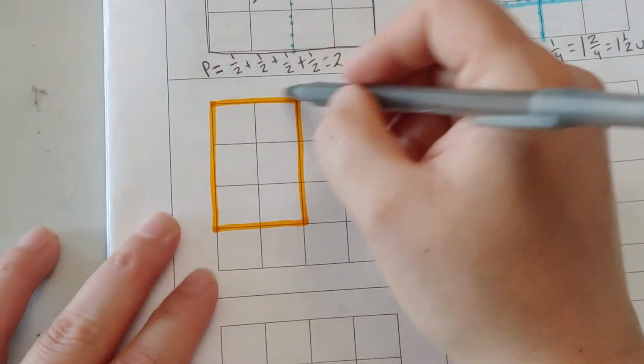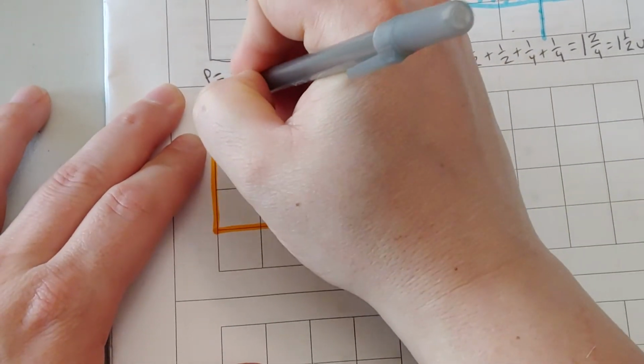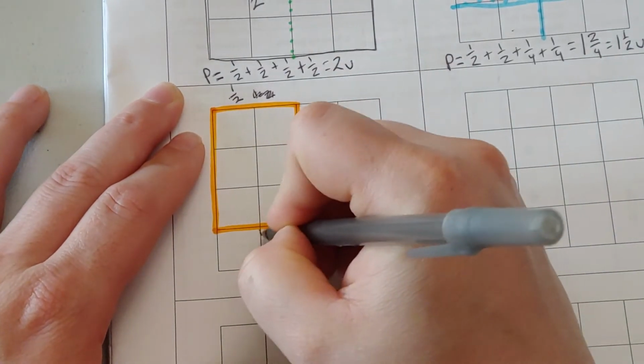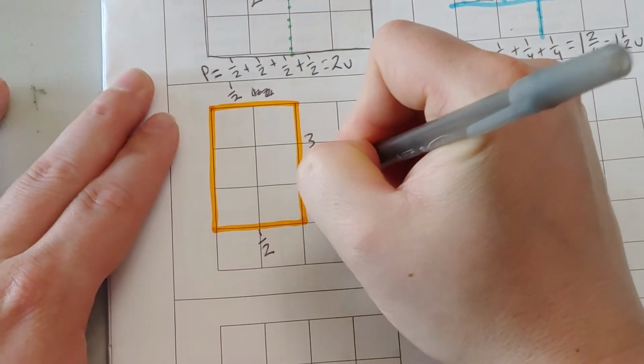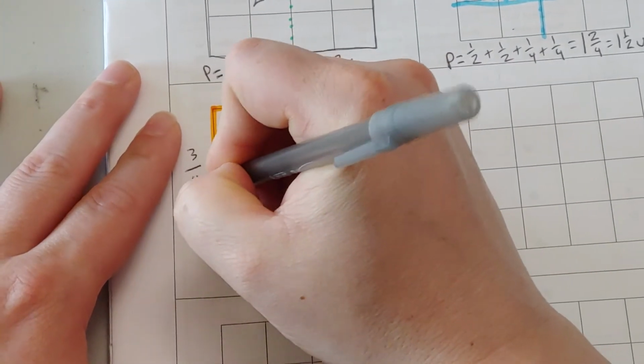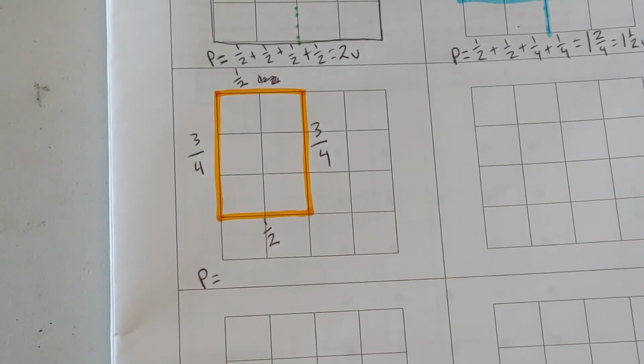So if I'm looking, okay, I see 1/2. Ooh, that's not a very good 1/2. Let's try again. 1/2, 1/2, 1, 2, 3, 3/4, 3/4. Let's do a little bit of perimeter practice.